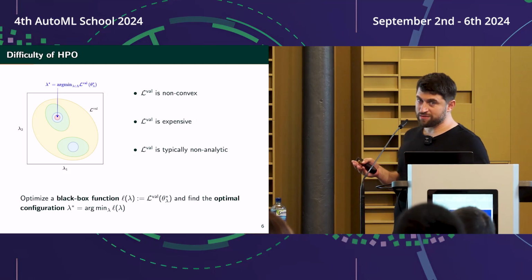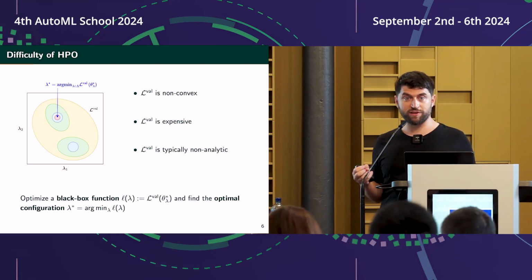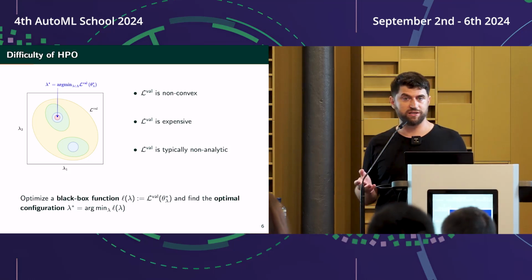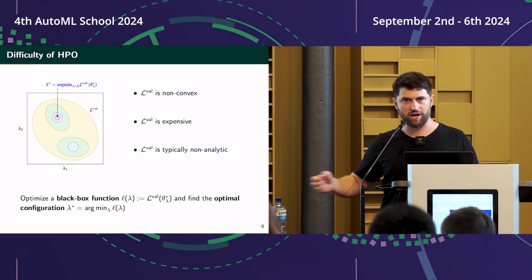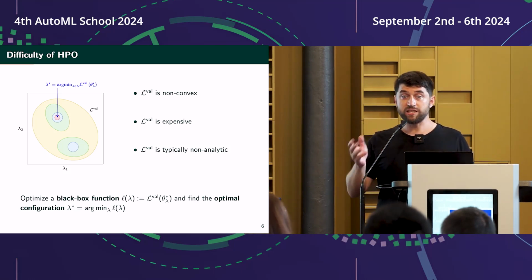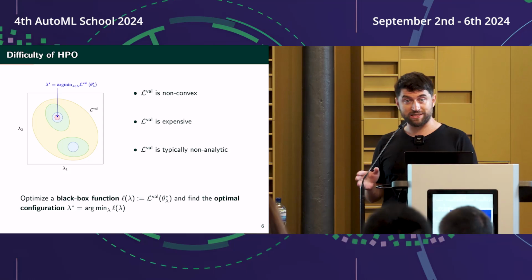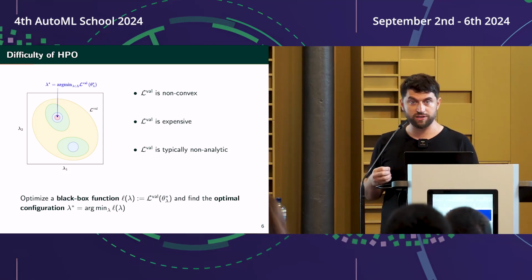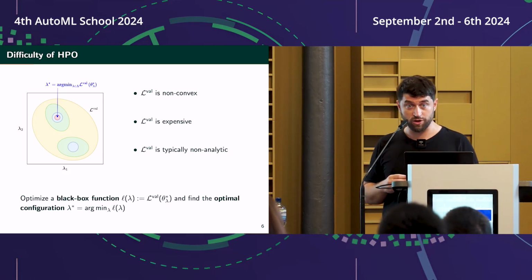But what makes it perhaps more difficult than the first two points is that those functions are typically non-analytic, meaning you cannot take a derivative of your loss function with respect to your hyperparameters. I say typically because for certain subsets of hyperparameters, you can actually compute the gradient of the validation loss, for example with respect to the learning rate.